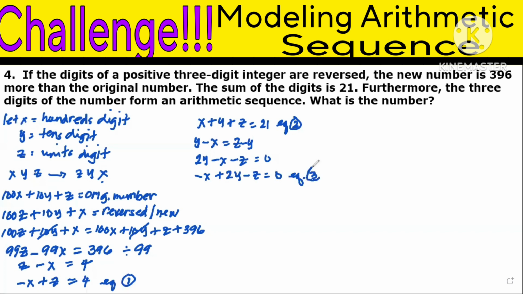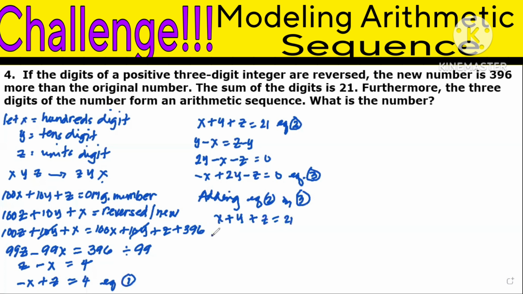which will serve as our equation 3. Now, solving equation 2 and equation 3 simultaneously, adding equation 2 and 3, what do we get? We have x plus y plus z equals 21.